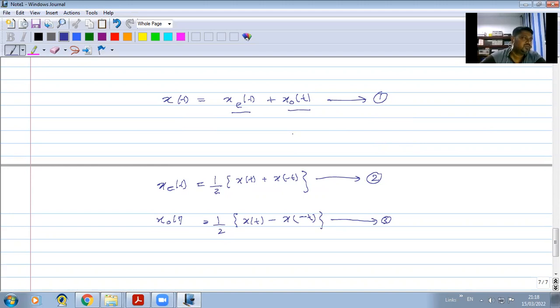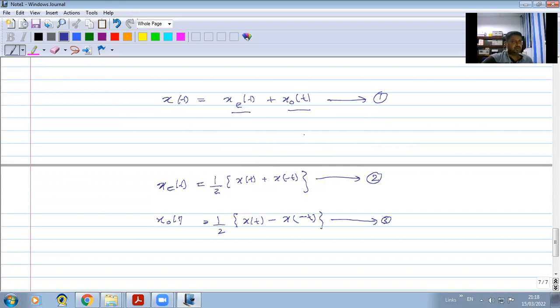Okay. You have to remember these three identities. One or two questions will come from these three identities. Sometimes I may give this equation in the exam, but you have to understand how to apply this equation when we are analyzing a signal.